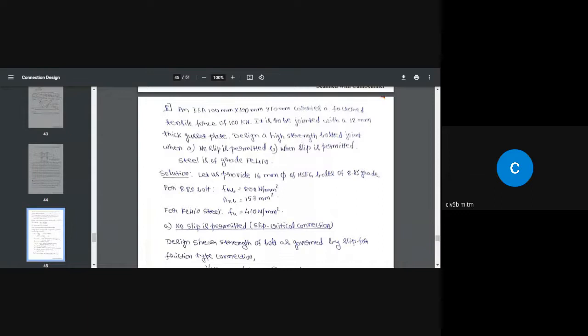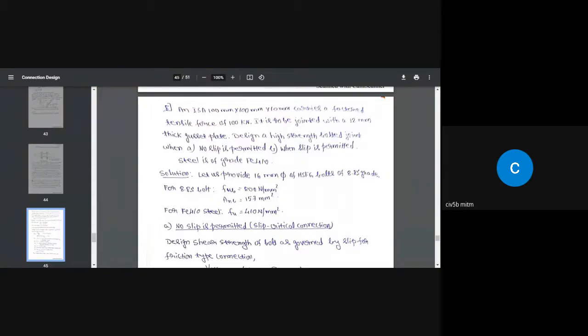So let us go through the problem. An ISA 100 millimeter by 100 millimeter by 10 millimeter carries a factored tensile force of 100 kilonewton. It is to be jointed with a 12 millimeter thick gusset plate. Design a high strength bolted joint when no slip is permitted, then when slip is permitted.